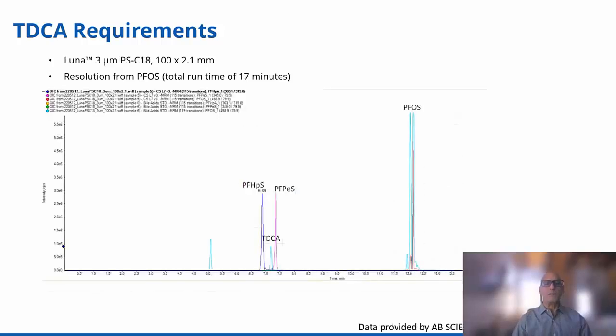This is contrasted with a different chemistry, the Luna 3 micron PS C18, which shows a 5-minute resolution between TDCA and the PFOS window and a total runtime of only 17 minutes. There are many other examples that are being developed within this method. So again, the idea being that there are many different ways to achieve this resolution depending on what the matrix is and also what your analytes are.